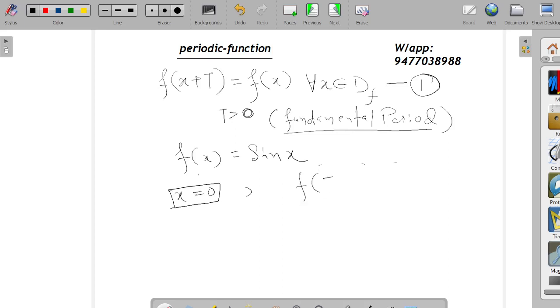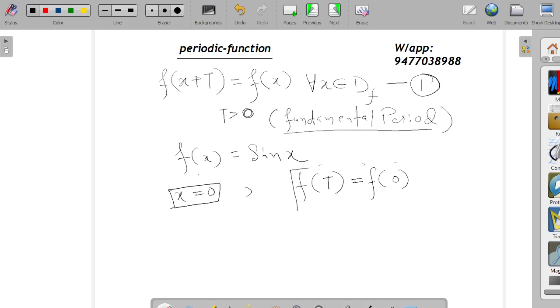So we get f of t equals f of 0. We must take care before applying this short trick that 0 is in the domain of the function.